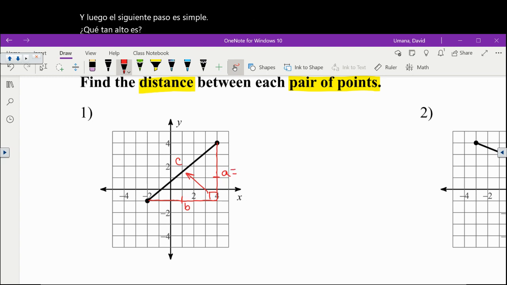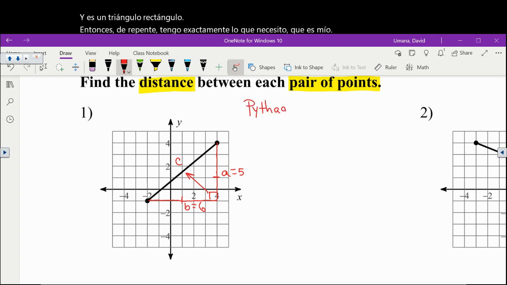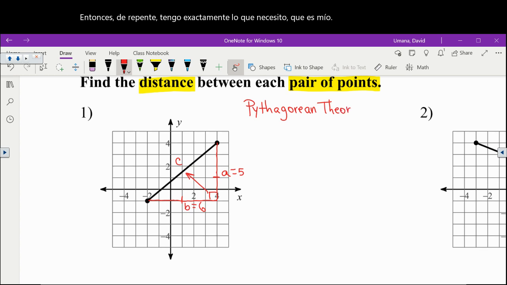So I'm being told 5. How much is it across for B? And because I now have a triangle, A, B, and C, and it's a right triangle, all of a sudden I have exactly what I need, which is my Pythagorean theorem.